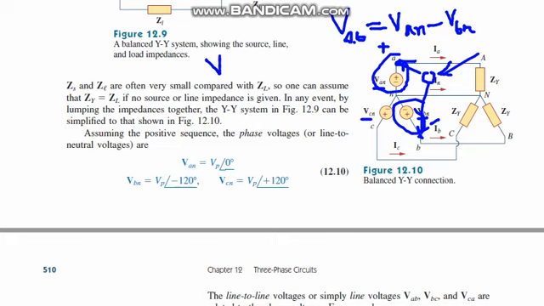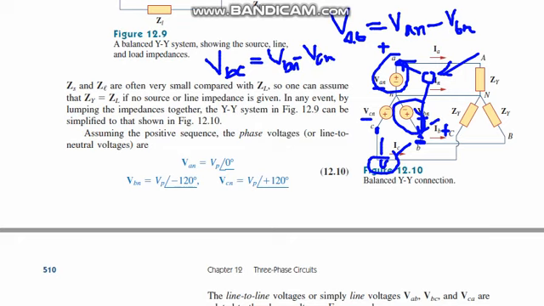So if it is VBC, what will it be? Simple. B is taken first and C is last. So if we set up a voltmeter across these two points, we can easily find VBC. VBC means VBN minus VCN.